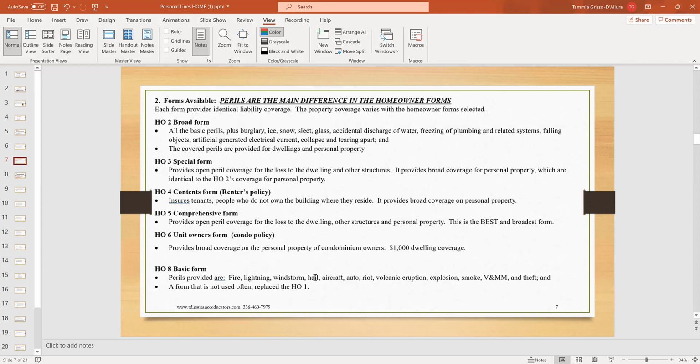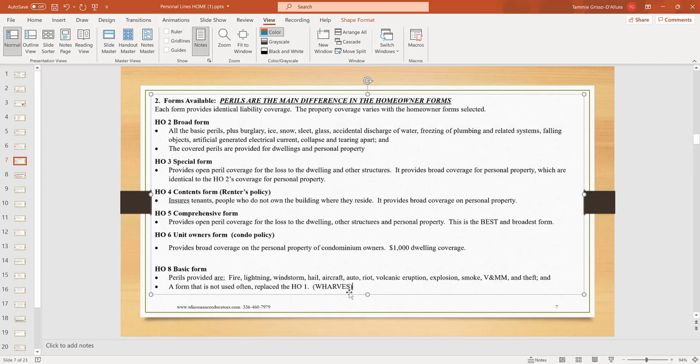And then we have an acronym called WARVS. This acronym is your windstorm, hail, aircraft, auto, riot, volcanic eruption, explosion, and smoke. So again, the way to memorize that is WARVS. So it's going to be fire, lightning, and then you can just go windstorm, hail, aircraft, auto, riot, volcanic eruption.